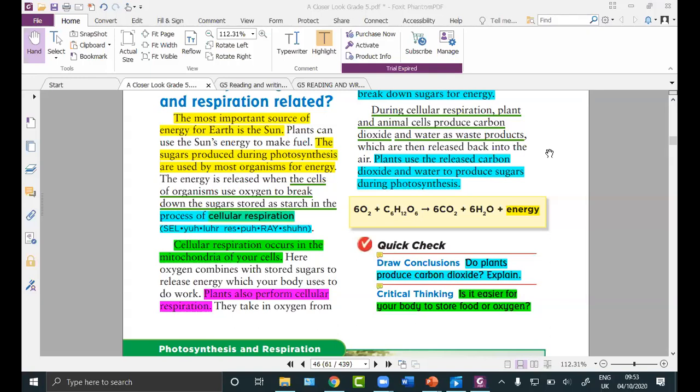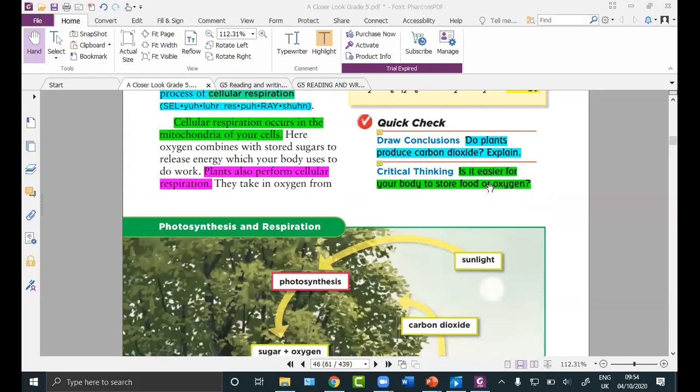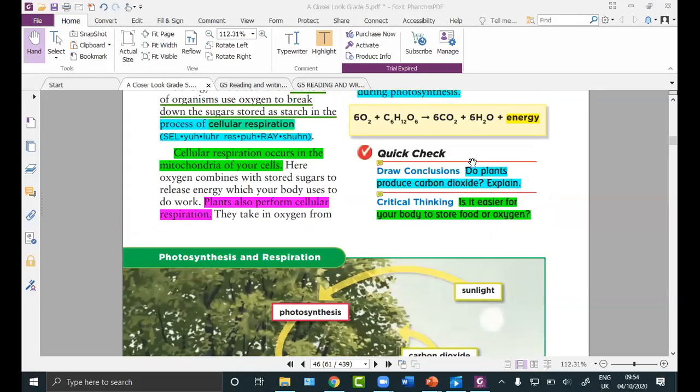Scientists also express cellular respiration as a chemical equation. Plants use these products of cellular respiration to perform photosynthesis. Okay, thank you. Here, the energy is the result: sugar plus 6O2 results in 6CO2, carbon dioxide, plus water plus energy.